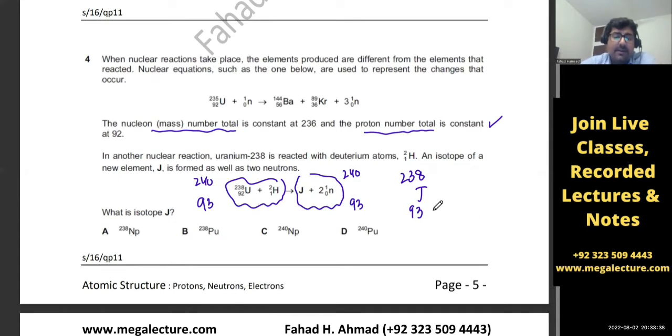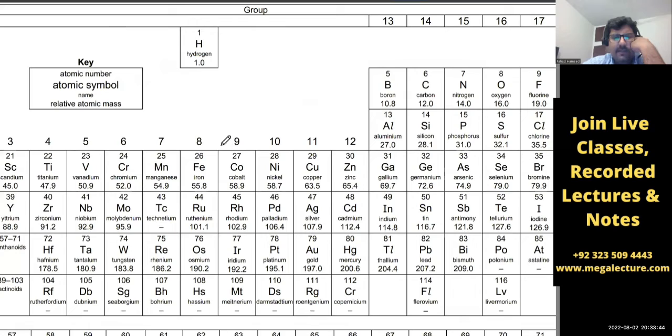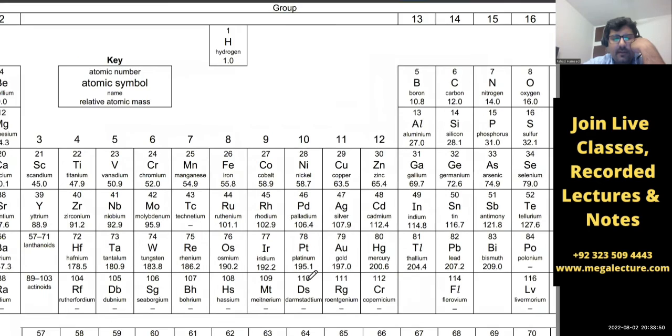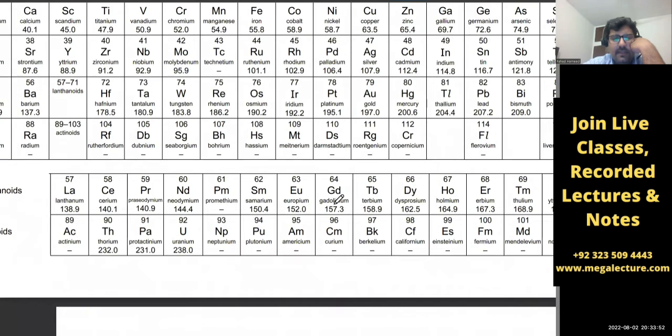So how do you identify elements? You identify elements based on their proton number. So खोलो data booklet, 93 पे देखो क्या आता है. 93 नीचे आ गया. 93 will be NP. It's Neptunium. That's NP.